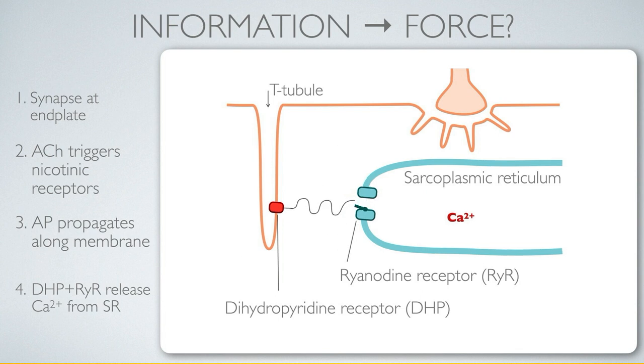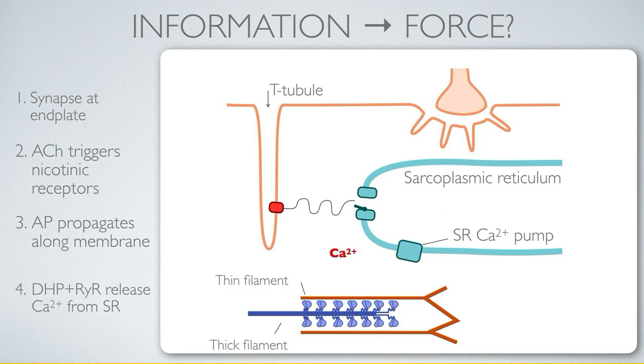So we have an opening of the ryanodine receptor. Calcium at this moment is at low concentration in the interior of the muscle fiber. So calcium will move into that space. It'll leave the SR and therefore elevate intracellular calcium concentrations.